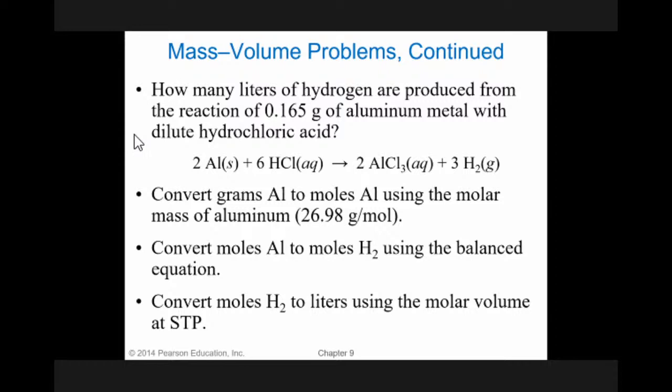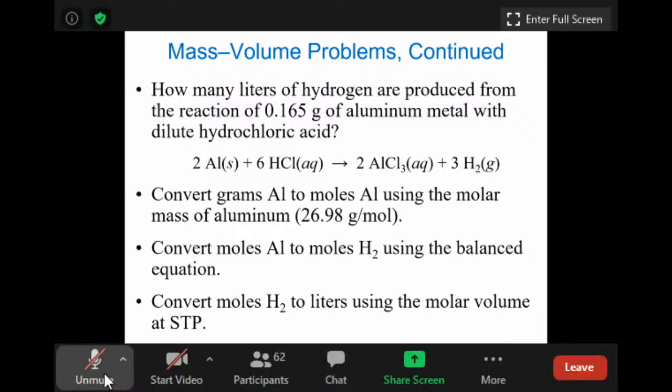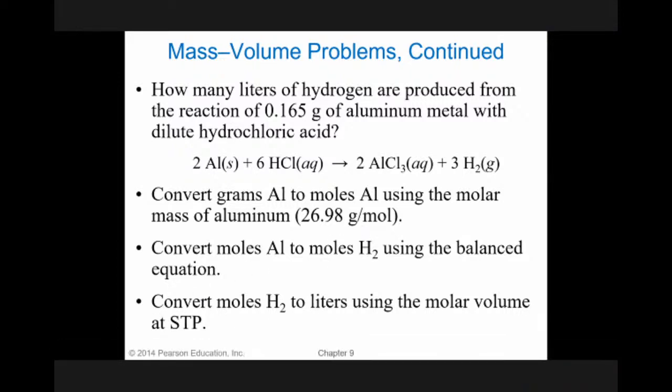Now, can somebody tell me what kind of reaction this is? Is it a single replacement? Single replacement. You again. Very good. So now, to do single replacement, what must we consider?